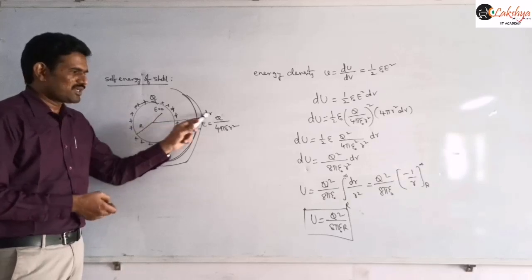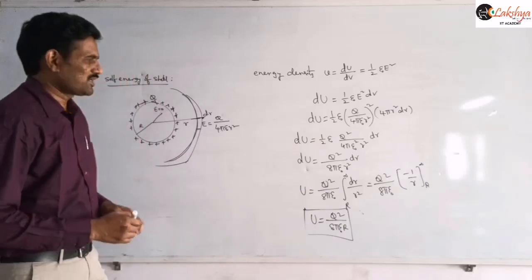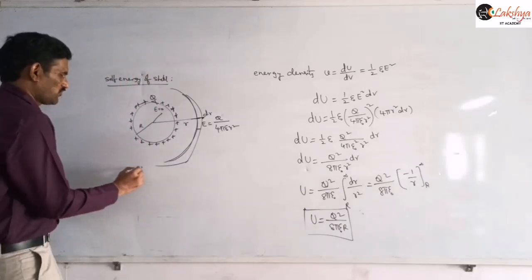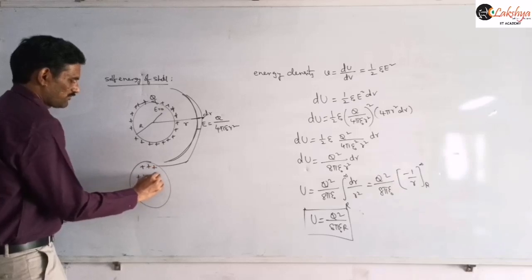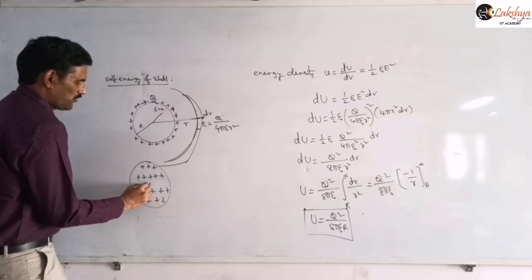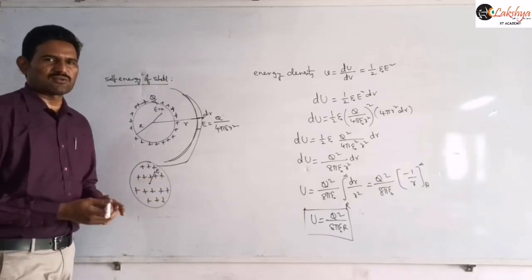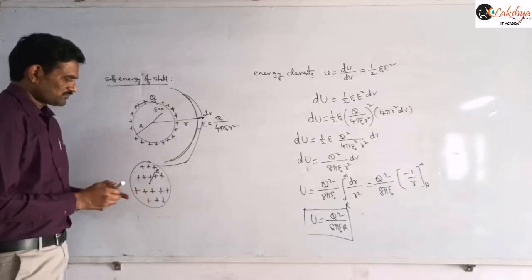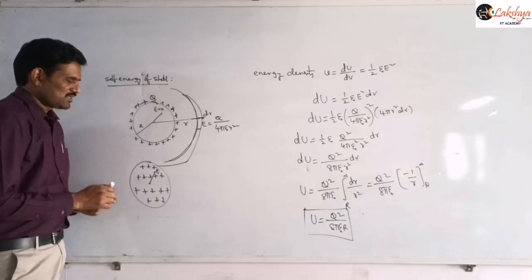But if you are taking a non-conducting sphere, with some charge distributed throughout it, then if you are taking a point inside, here also some non-zero electric field will exist, which indicates that here also some energy will be there. Similarly outside also some electric field will be there, and so outside also some energy will be there.